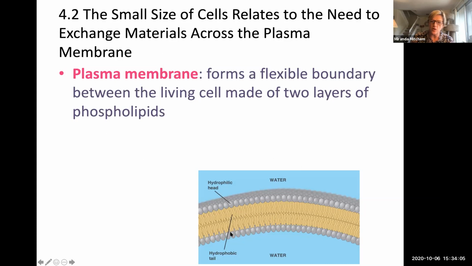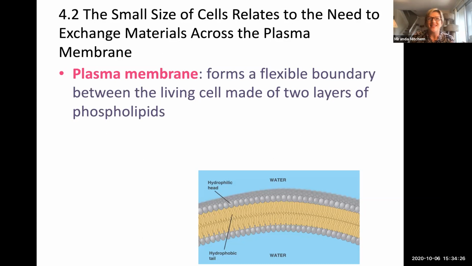So the two surfaces that come into contact with that polar watery environment of our body and cells match it, right? The hydrophobic tails are sandwiched in between those hydrophilic heads, and that essentially protects them.